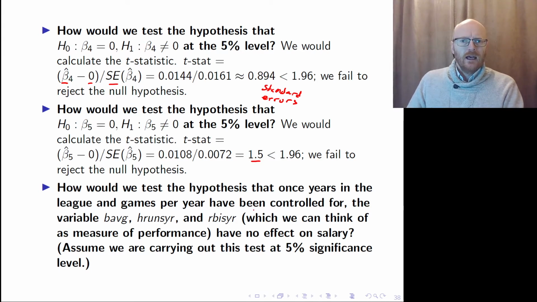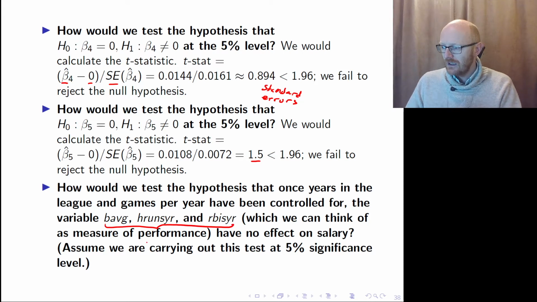But how would we test the hypothesis that, if we control for games per year, these variables have no effect on salary?